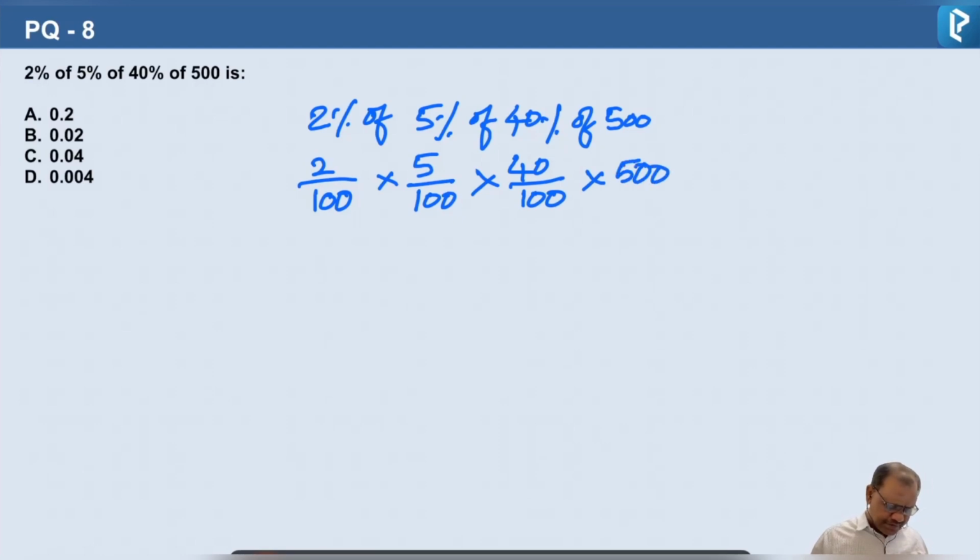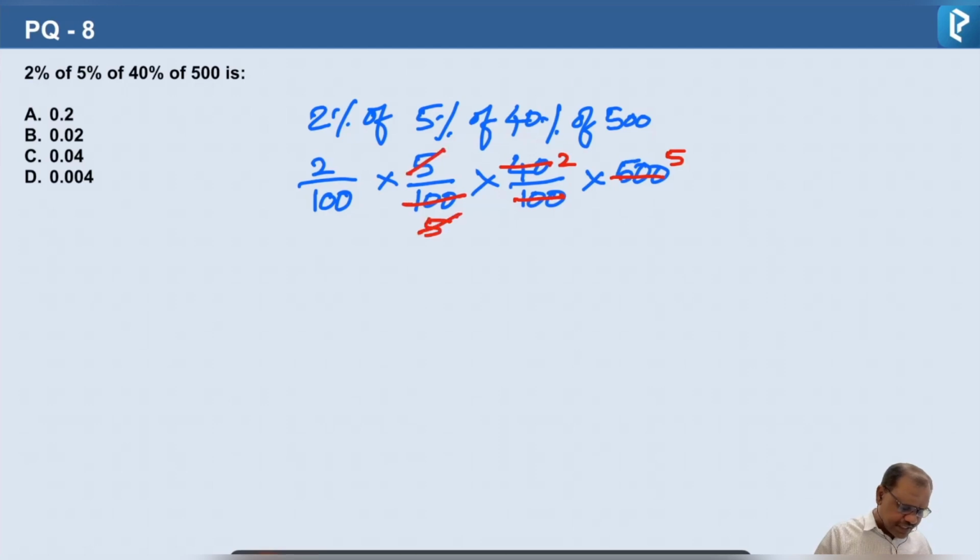So simplify this. 100 5 times, and 5 10 times, 2 5 times.